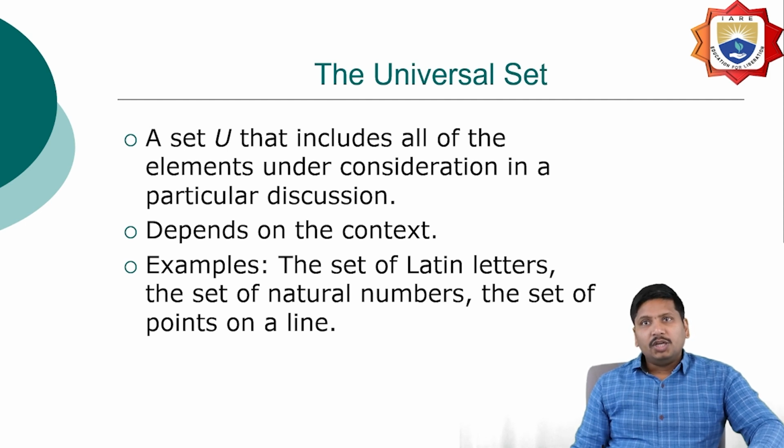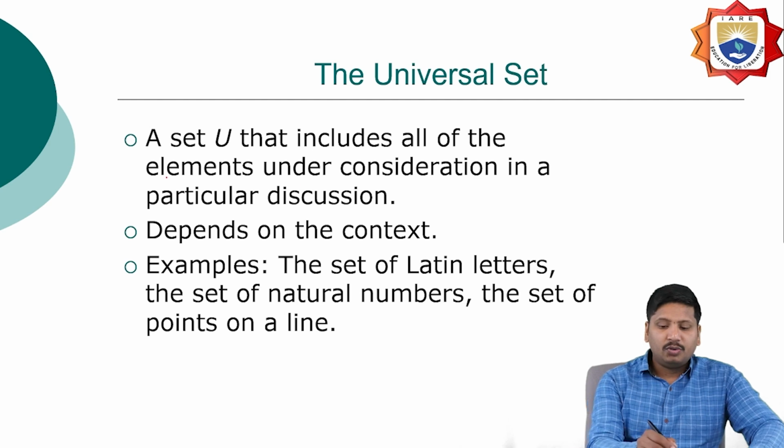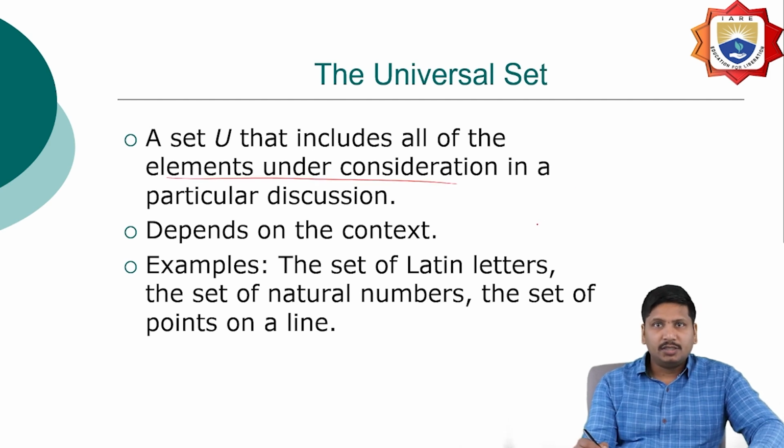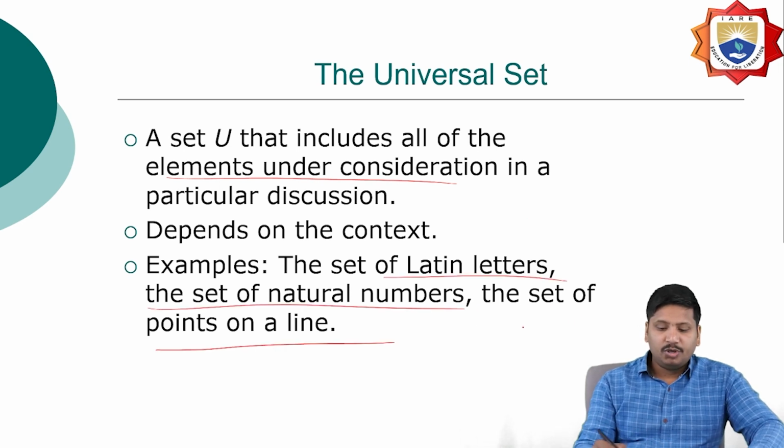And next one, what is the universal set? The universal set is nothing but a set U that includes all the elements under consideration, and depending on the context you can know it. For example, the set of rational numbers, set of natural numbers, and set of points on a line should be represented as a universal set here.